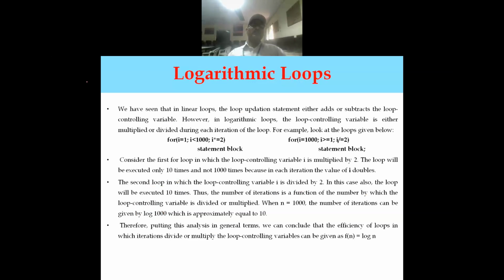Then the second category of the loops, which we are calling the logarithmic loop. If we have a logarithmic loop, how can the time complexity be computed? The loop controlling variable is multiplied or divided during each iteration of the loop. So this is a loop controlling variable. Here we are multiplying that loop controlling variable i by 2. Here the loop controlling variable i we are dividing by 2.